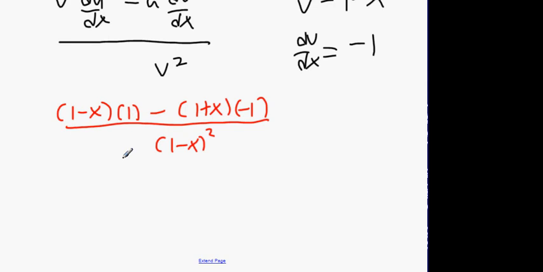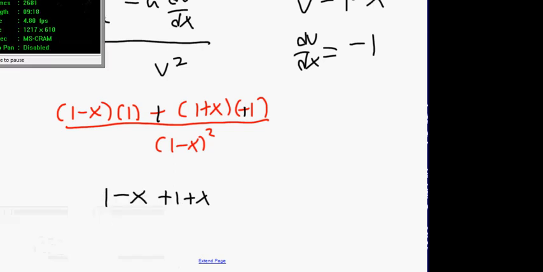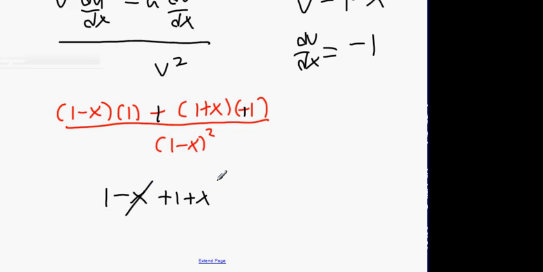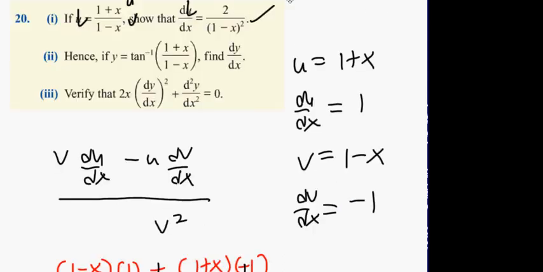When we do this out, we're going to have 1 minus x plus 1 plus x, because that minus by minus gives you plus. So then what we're going to get is 2 over 1 minus x squared. And that's what we're asked to do there.